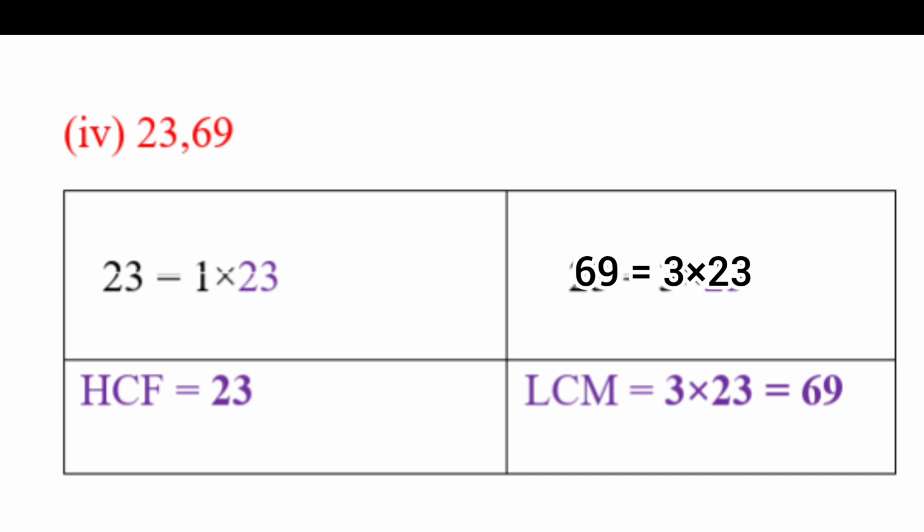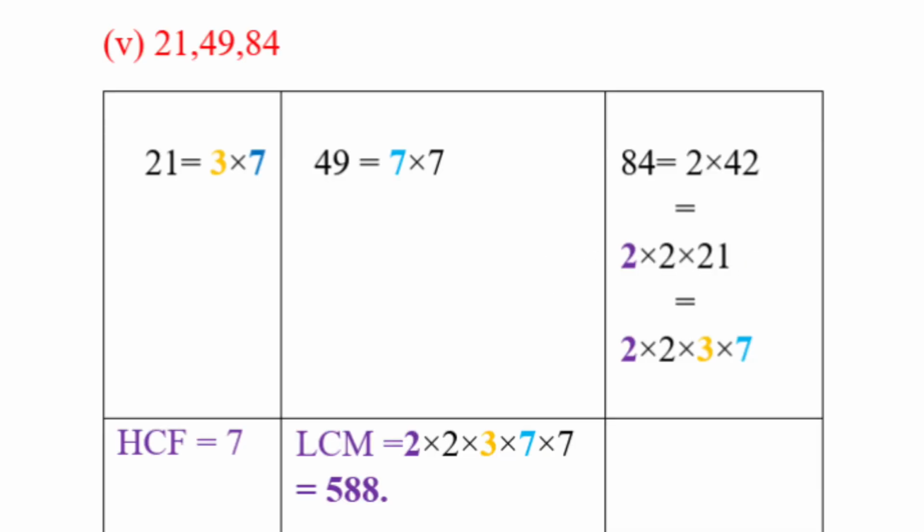Fifth one, the sum is 21, 49 and 84. 21 is equal to 3 into 7, 49 is equal to 7 into 7, 84 is equal to 2 into 2 into 3 into 7. Here HCF is 7. That 7 is the factor present in all three numbers' factors.